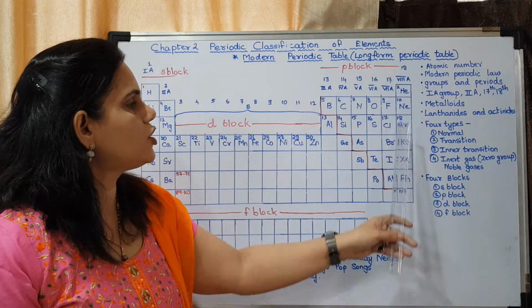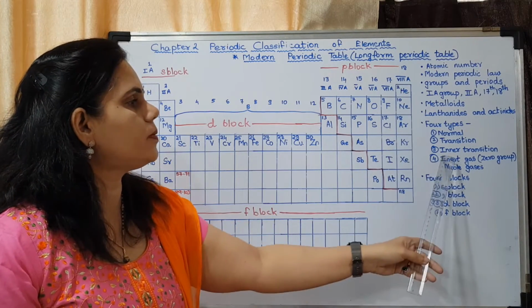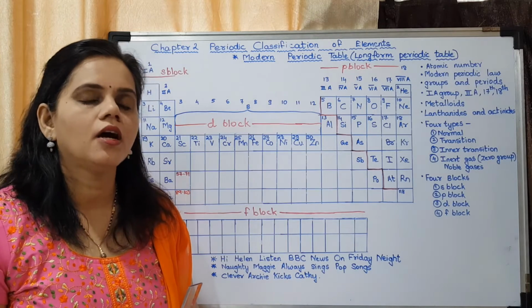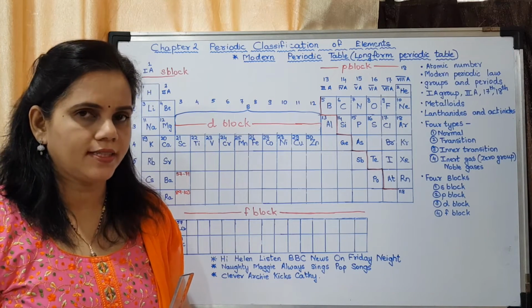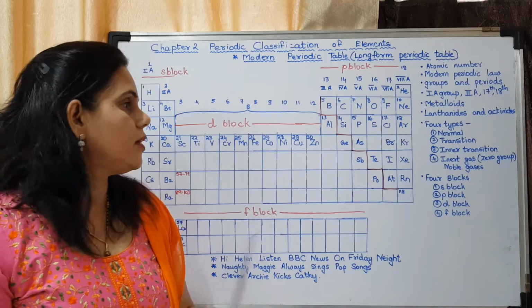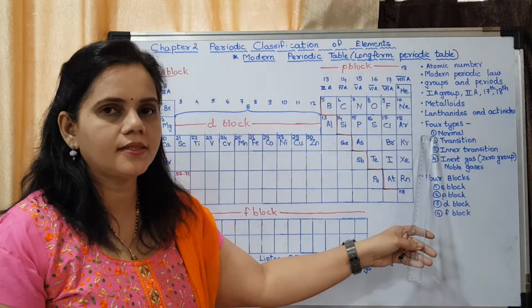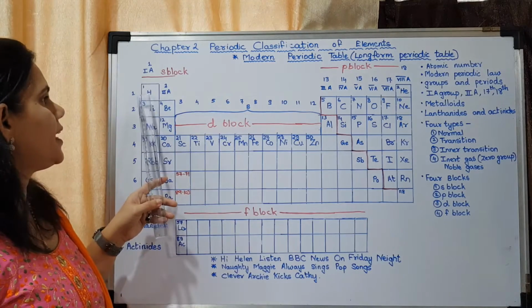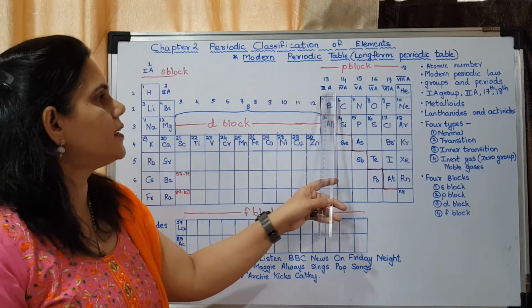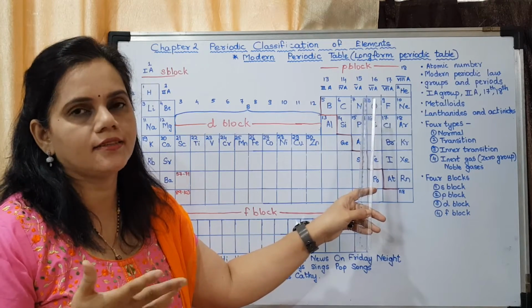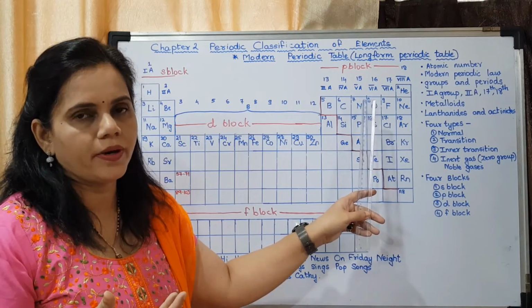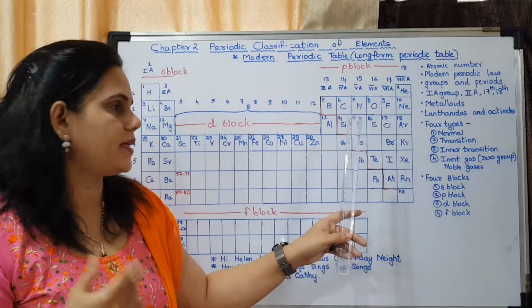And the last group, the 18th group, is called inert gases, zero group or noble gases. Hope you have understood. I repeat. First, normal elements: first A, second A, third A to 7th A. These are normal elements which generally react and show properties of metals and non-metals.